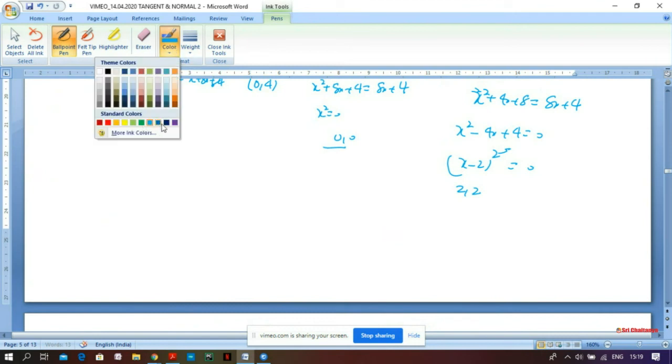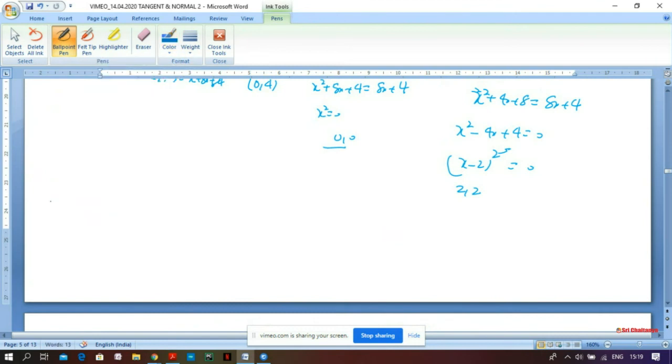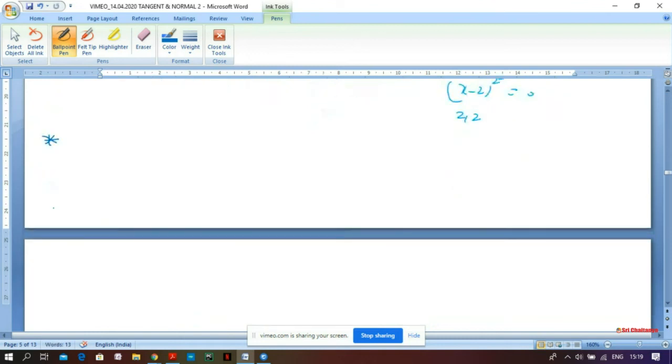Okay, let's move forward. So now the problem I want to do is the application, the best thing, normal. So you want to find the shortest distance between, say, two curves.